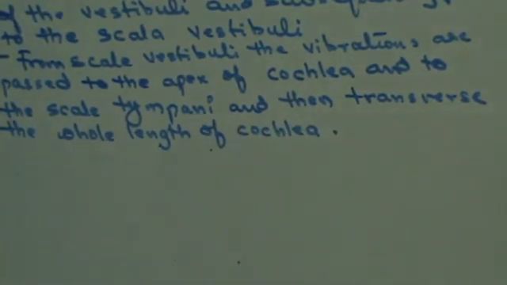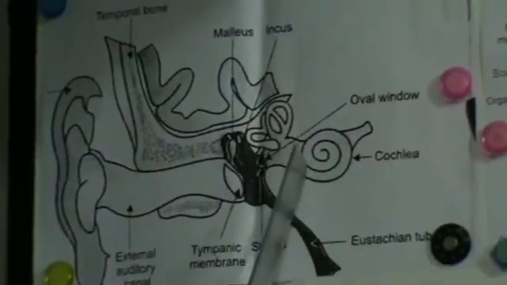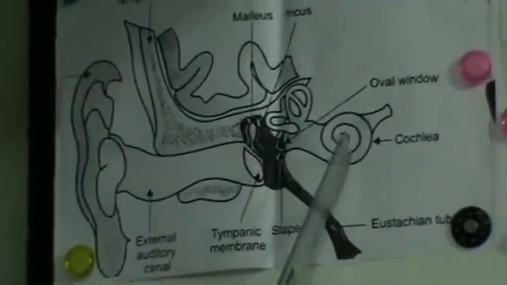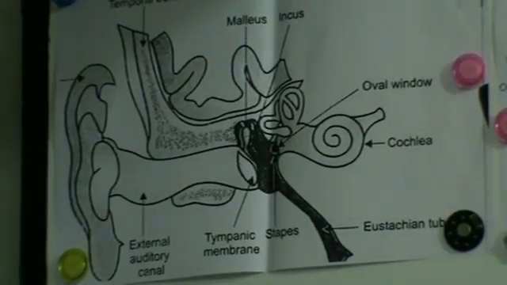Once they reach scala vestibule, they are passed to the apex of the cochlea. From scala vestibule, they go to the apex of the cochlea and transfer the whole length of the cochlea, right? That's the entire passage of sound, right?